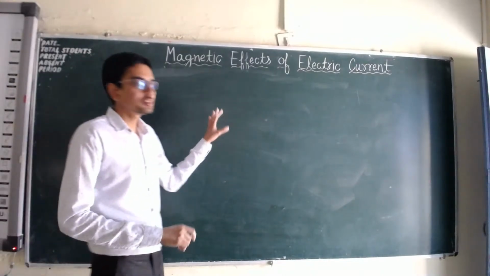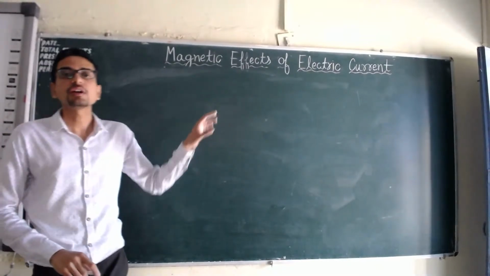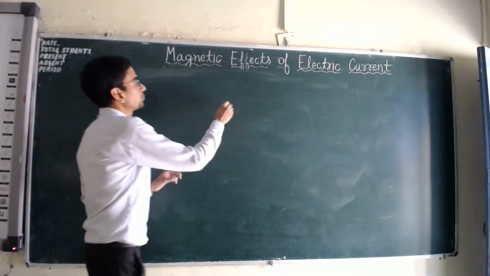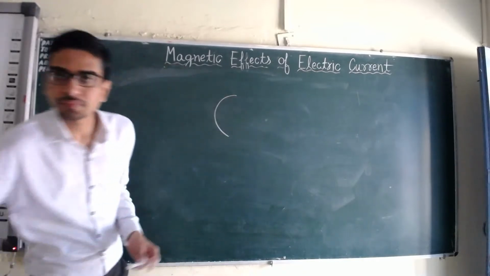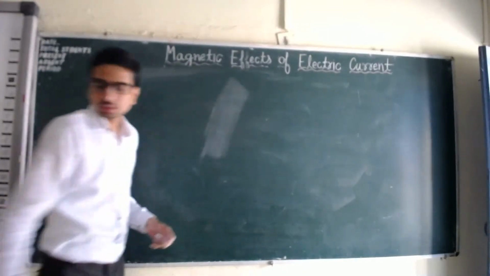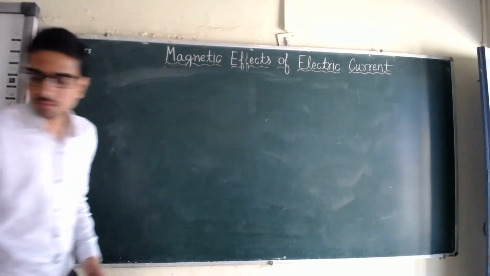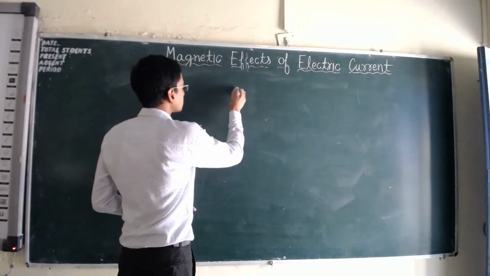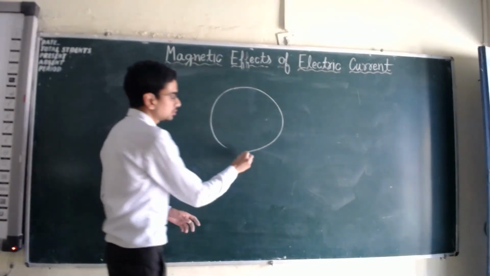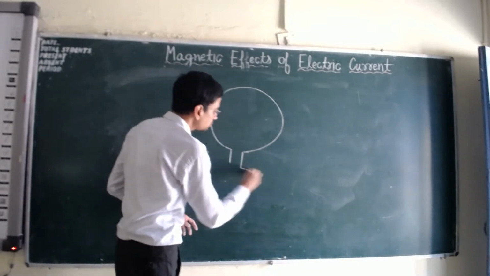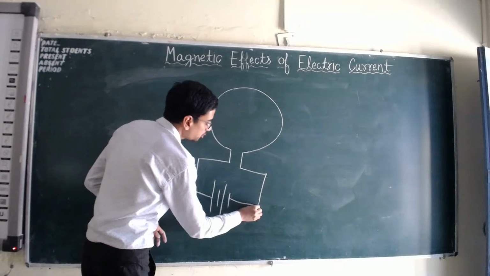You will draw all the diagrams, all the pictures in this class, okay, in your rough notebook. So this is a circular wire. To pass the current, we have to attach this to a battery. Battery तो आपको ड्रॉ करनी पड़ेगी करंट फ्लो कराने.